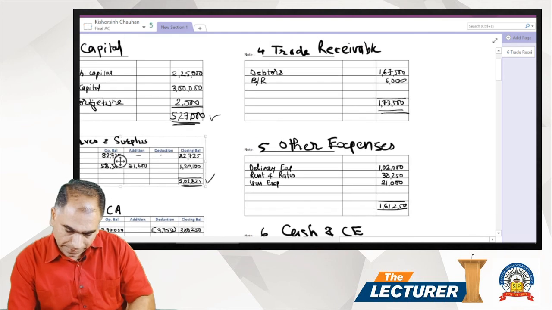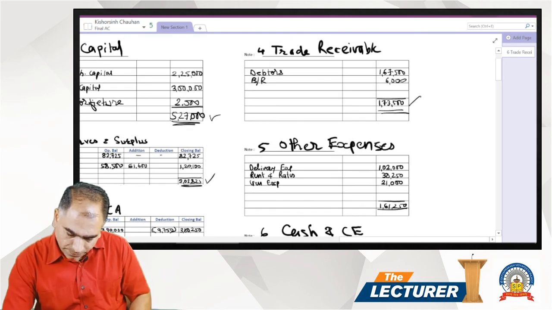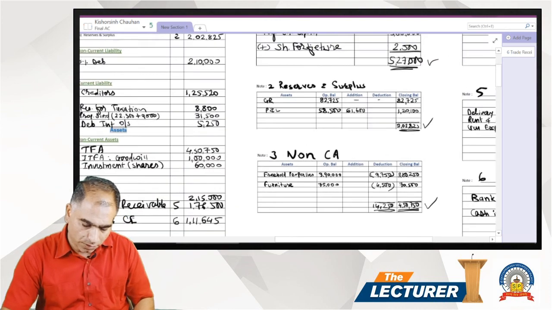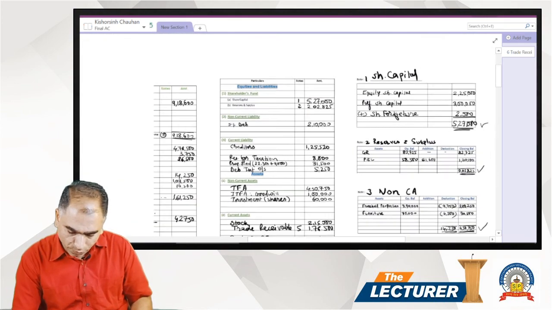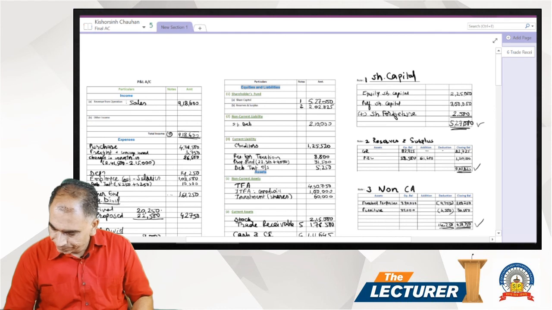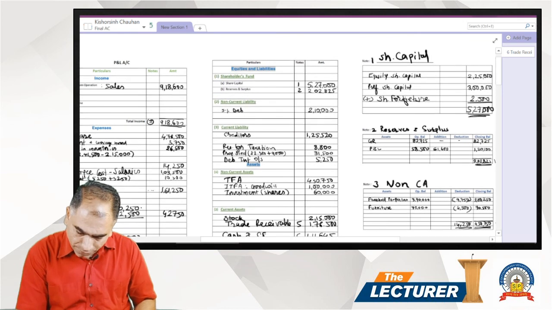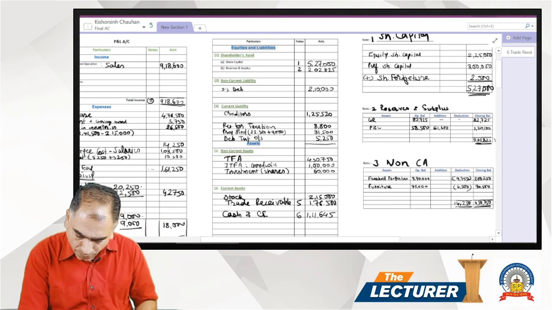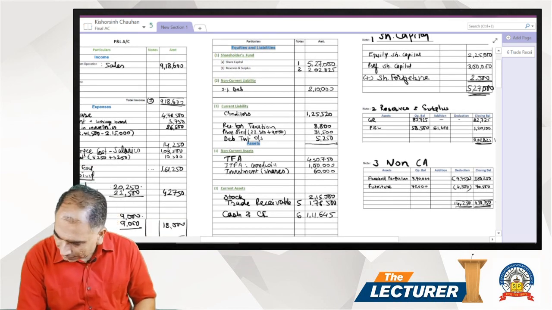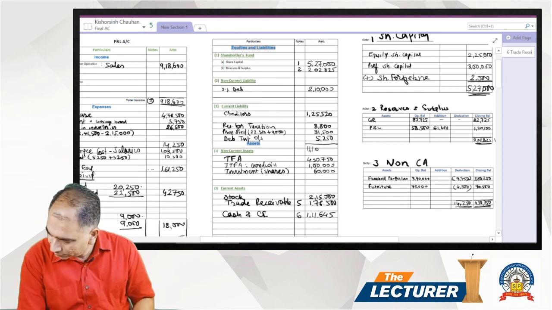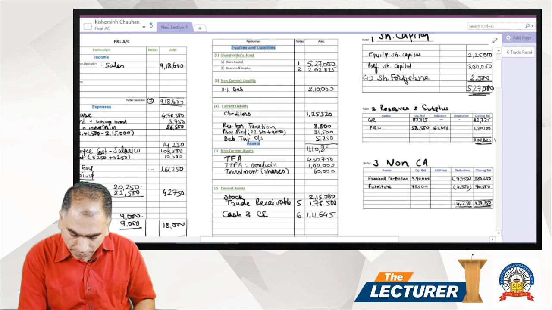trade receivable transferred, other expenses we have written down, cash and cash equivalents. So all the balance sheet items are taken care of. Now we have to go for the balance sheet total. In the balance sheet we have asset side total that comes to 11,10,895.